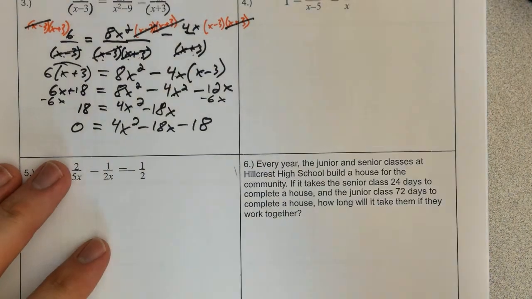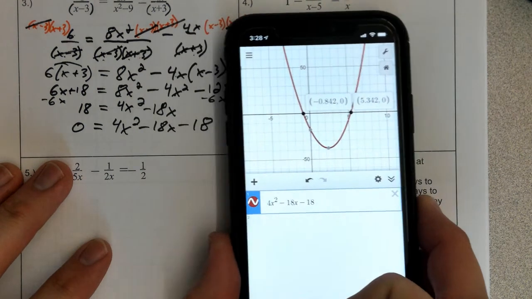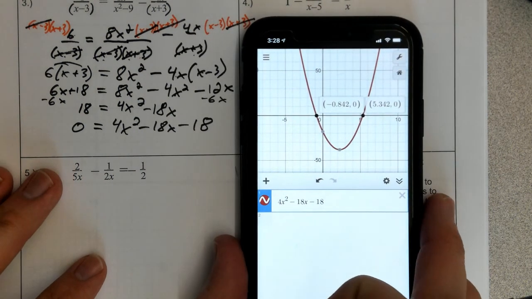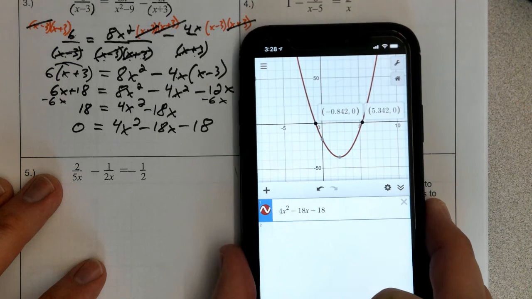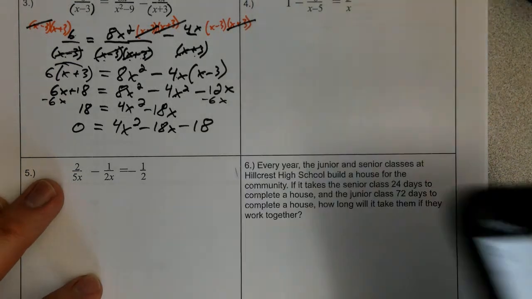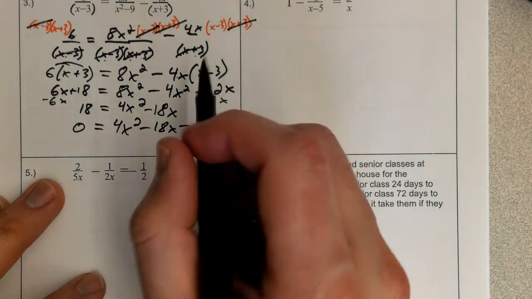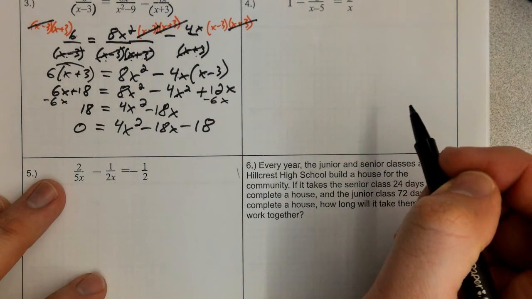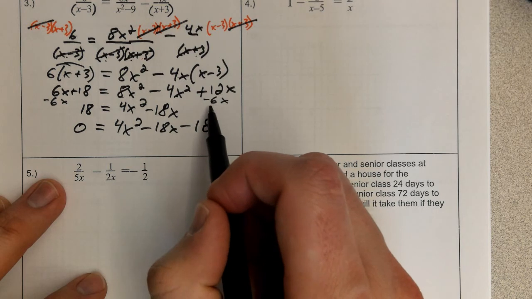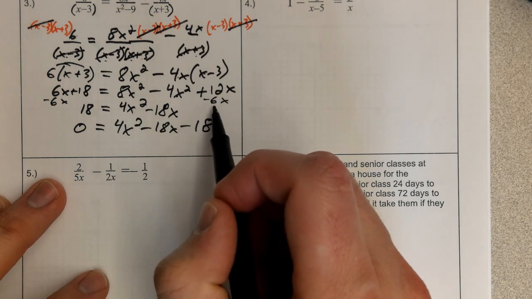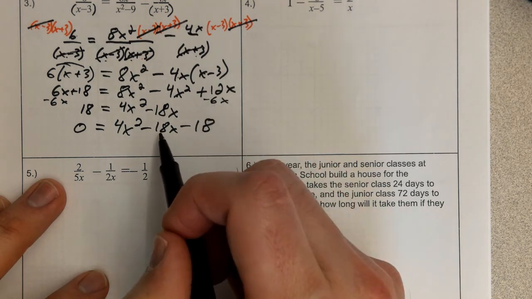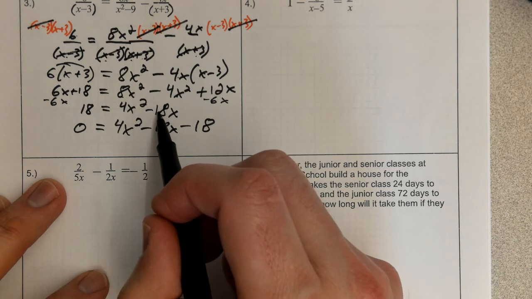Actually, these numbers, as I was looking at them, sorry for the weird hiccup here. Anyway, these numbers didn't come out nice, and so I suspected I made a mistake. I did make a mistake. Maybe you all saw this, but negative 4x times negative 3 is plus 12x here. So when you subtract the 6x, you will end up with a positive 6x here and not minus 18.